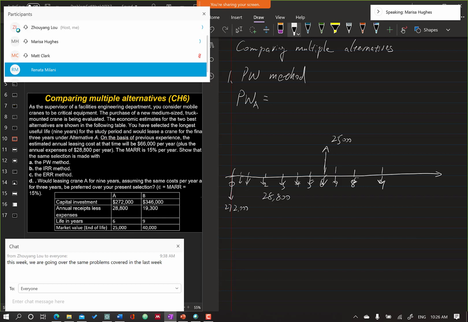I have a quick question. For the annual receipts less expenses being 28,800, since it's the receipts that you're bringing in minus the expenses, why is it a downward facing arrow as opposed to being upward facing, since that's your profit, I guess, would be the 28,800? Yeah, that's a good point.